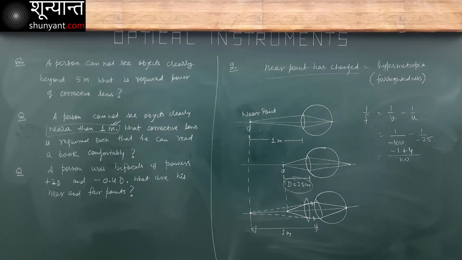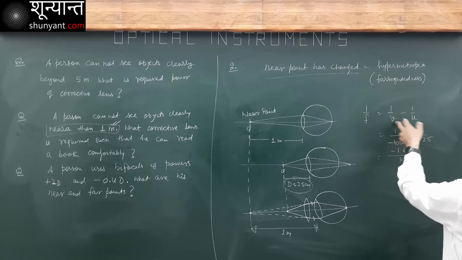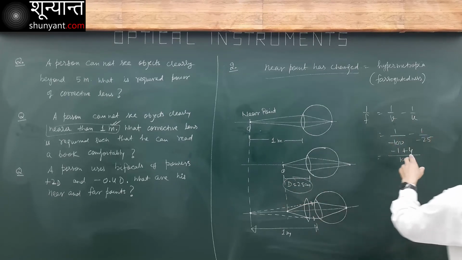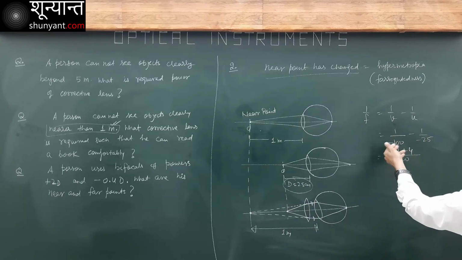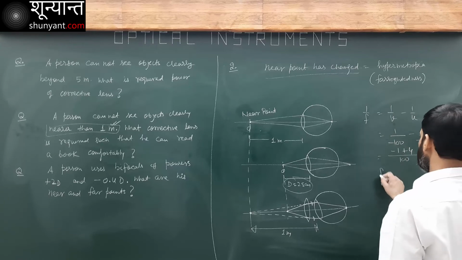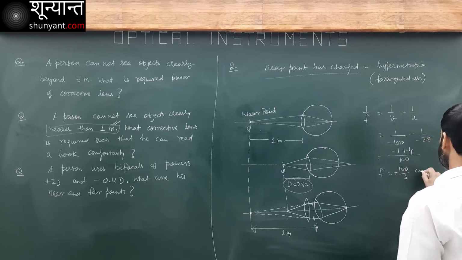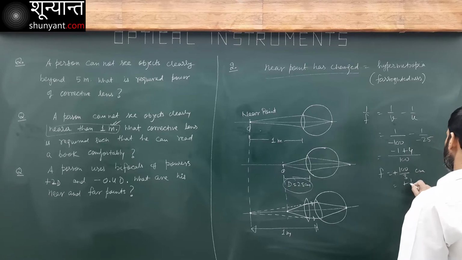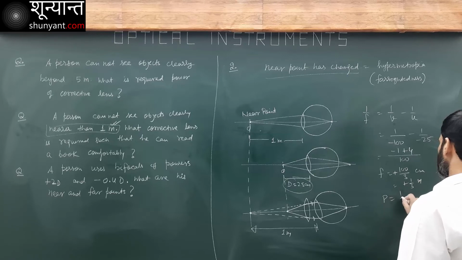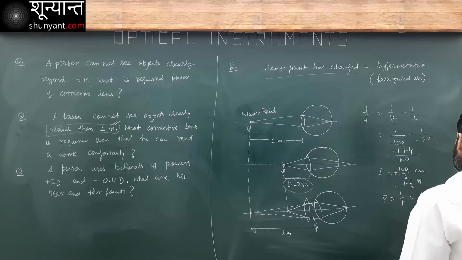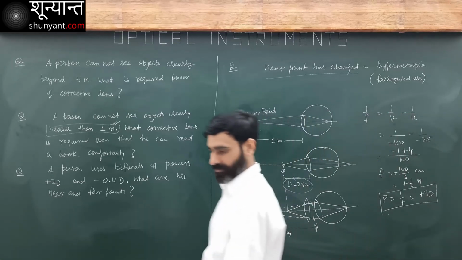U and V both are negative here. So this is minus 1 plus 4. So f will be 100 over 3 centimeter. It will be plus 1 over 3 meter. So what will be the power? 1 over f. It is plus 3D.